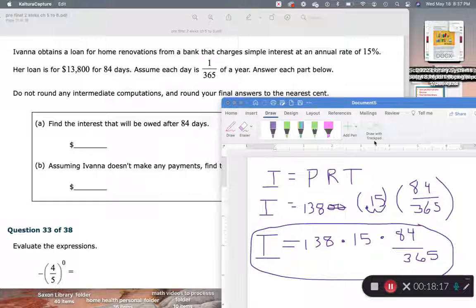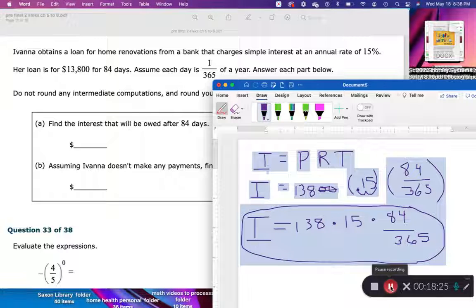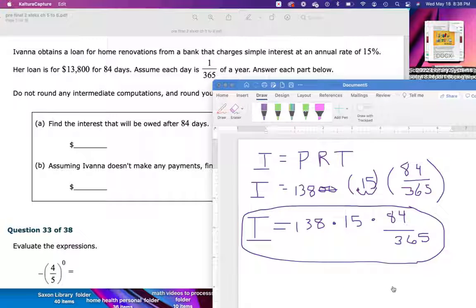I would probably not make you do that type of computation on your test. I would probably let you either use a calculator or leave it like this, because you're telling me what you have to do. All right, so I have my calculator, 138 times 15 times 84 divided by 365.